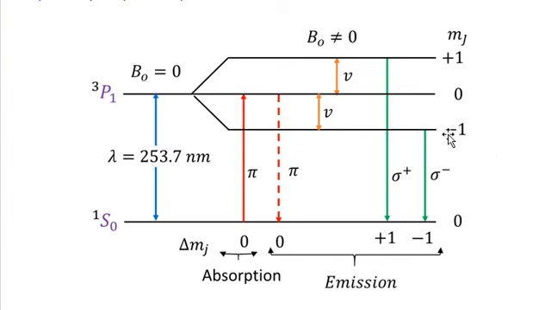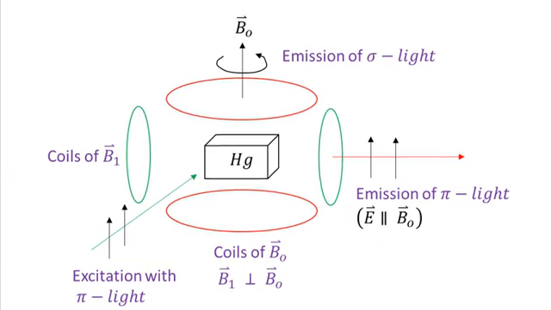Now, in order to excite the mj equal to 0 level of the excited state, I am using the pi light having the wavelength lambda equal to 253.7 nanometer. This is a linearly polarized light used in the excitation, with its electric field parallel to that of the applied magnetic field, as I have indicated in this diagram.